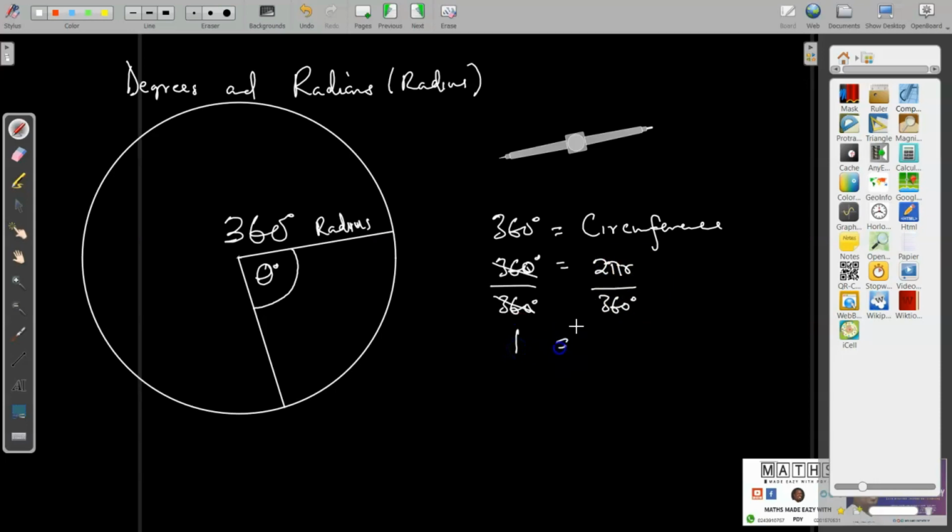When you break this down, what are we getting? So 1 degree is equivalent to, what are we getting here? 2 can go into 360 how many times? 180. So we are going to get pi on 180 radians. So 1 degree is equivalent to pi over 180 radian.